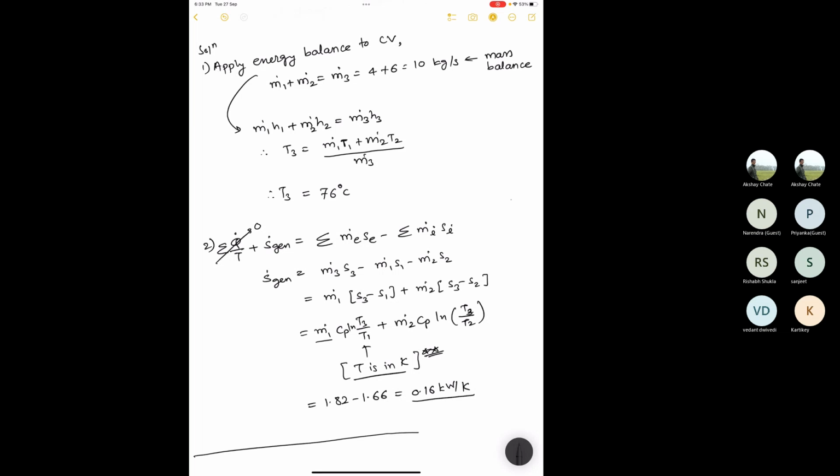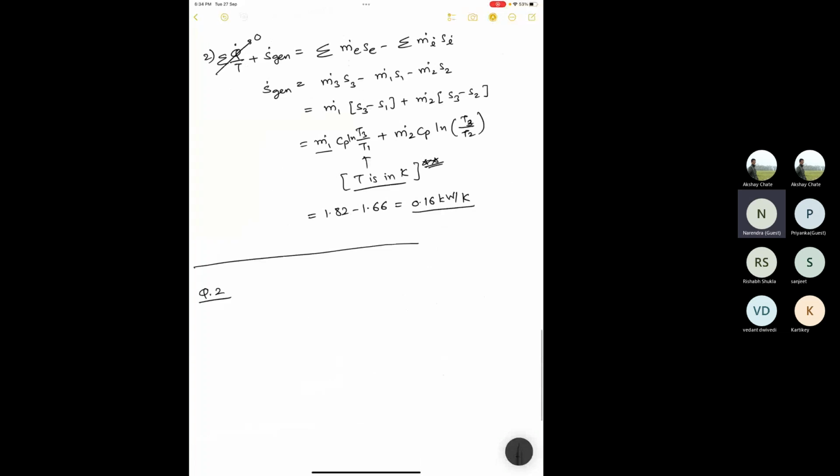In the end you'll get the same value because it is a weighted sum divided by the total, so it will get cancelled on both sides, numerator and denominator.